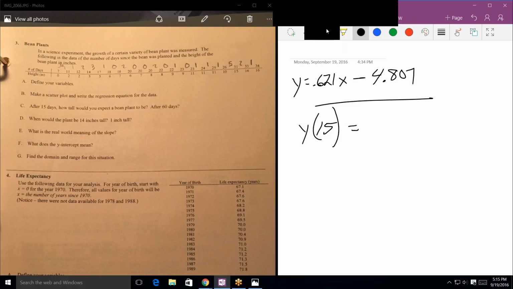In other words, multiply 15 times 0.621. So it'd be 15 times 0.621. I got 9.31. Now subtract 4.807.